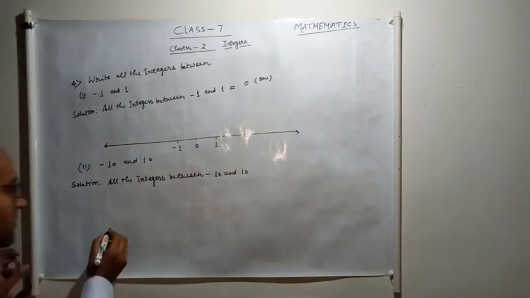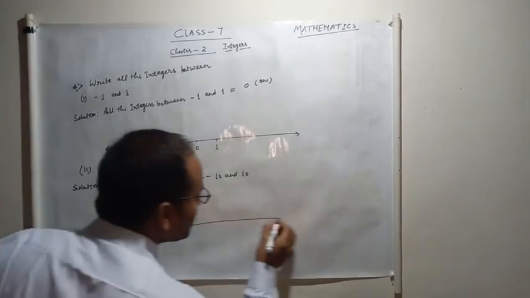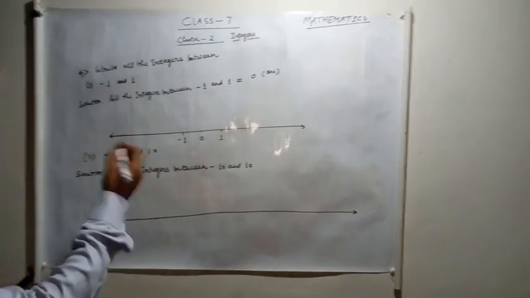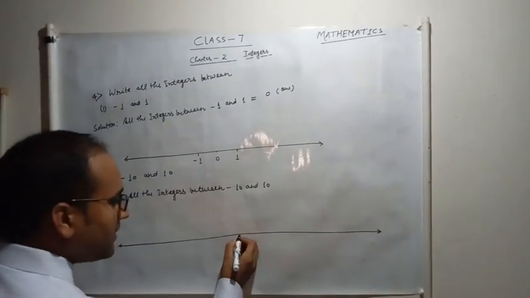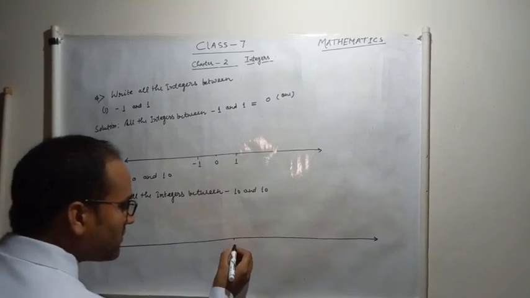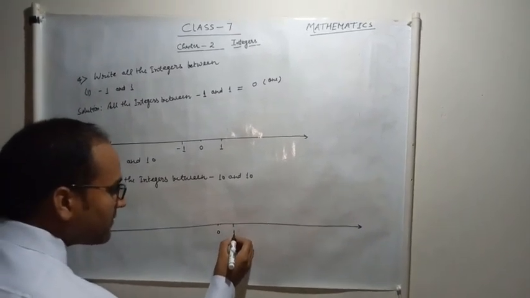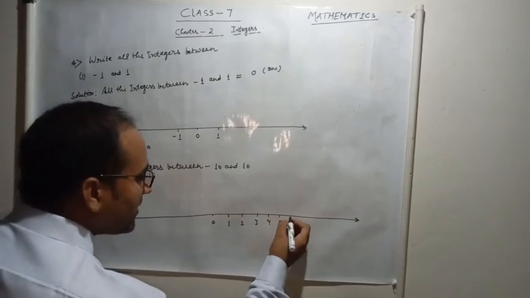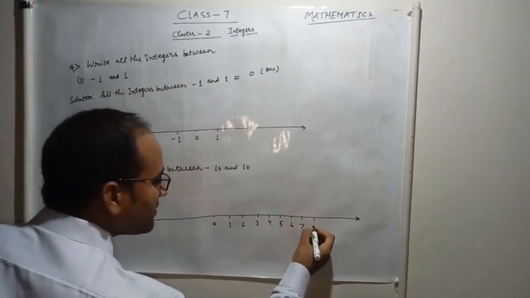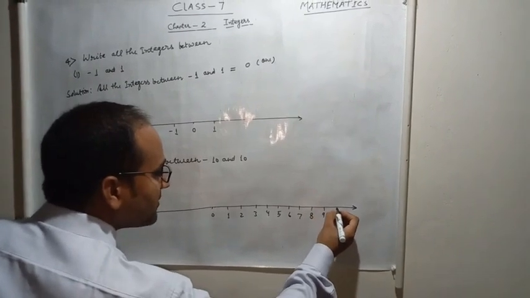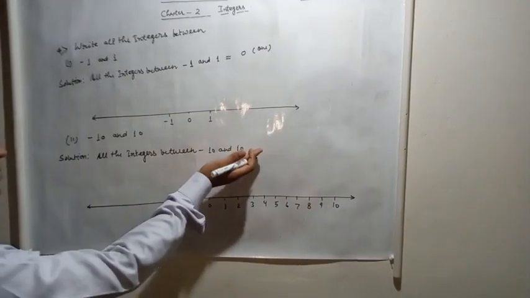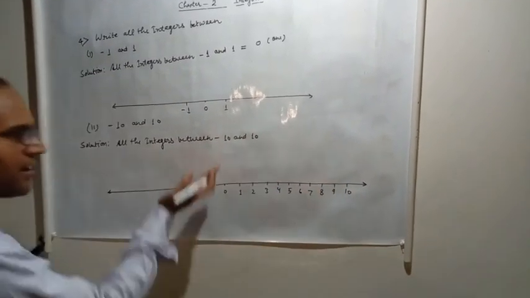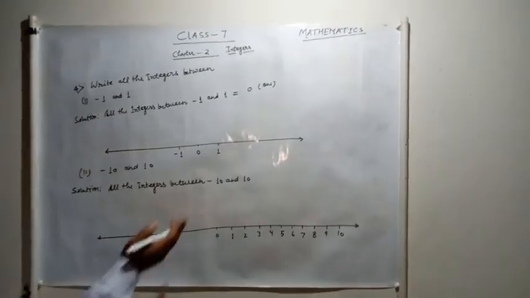With the help of a number line, I will show you how many integers are between -10 and 10. Here you can see 0. Then here is 1, 2, 3, 4, 5, 6, 7, 8, 9, and here is 10. 10 is the maximum positive integer in our question, and the negative one is -10.